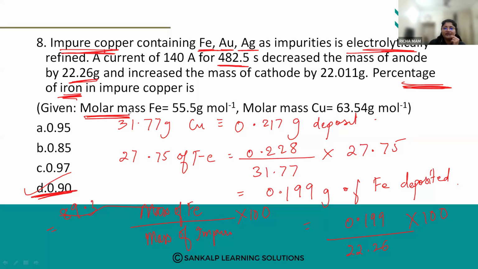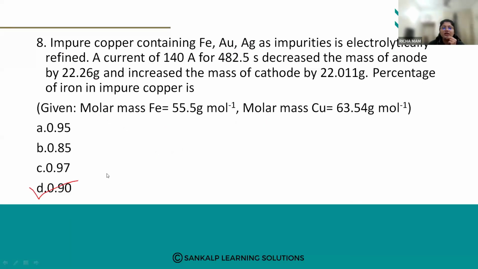Then we subtracted the amount of iron obtained from the total impurity mass decrease, and found the percentage of iron. This is a bit tedious question, but you have to go stepwise. So the percentage of iron in that impure copper is 0.90.